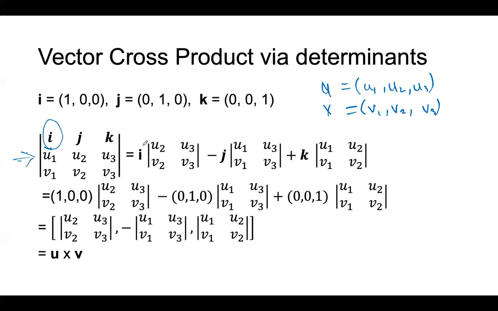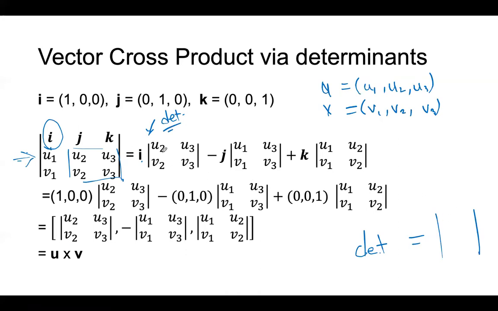Take out the i in front times the determinant of this submatrix. Please notice the notation: the determinant can be written with these bars. So I'm just writing here the determinant using these bars.